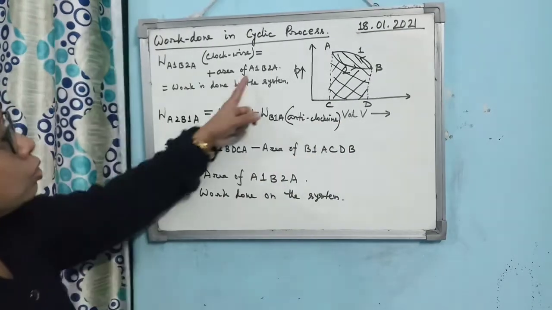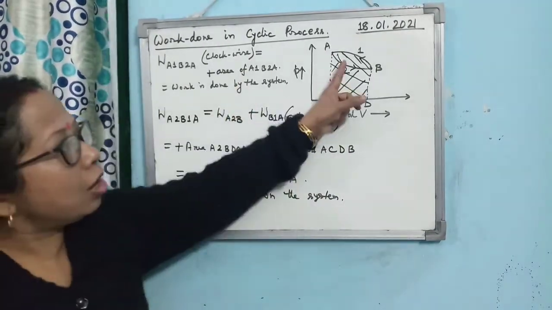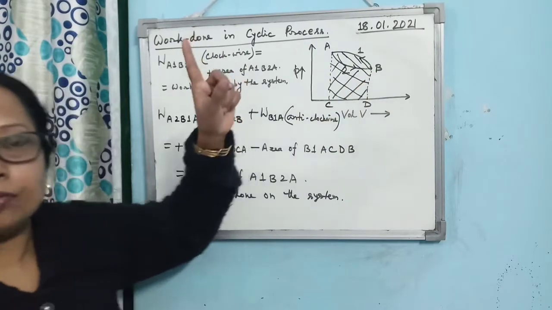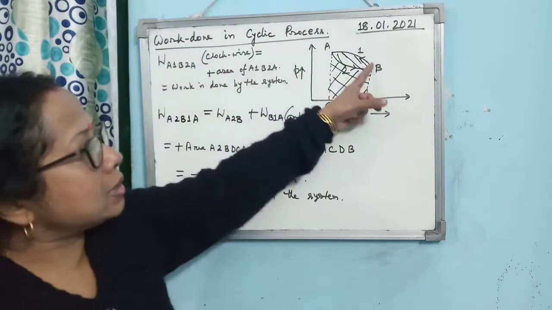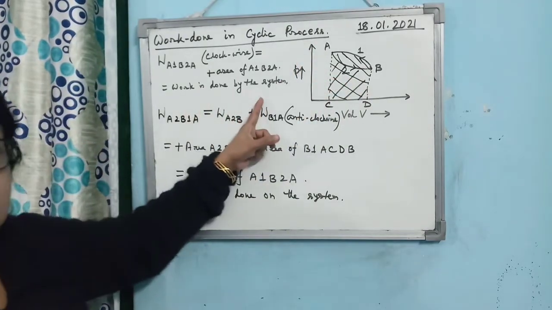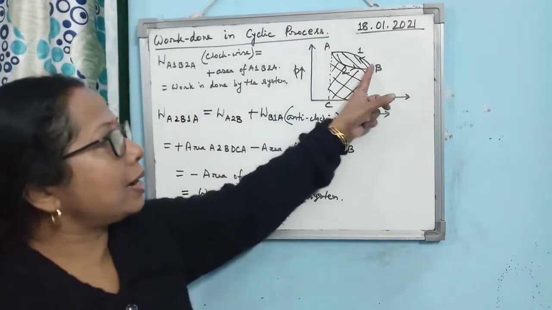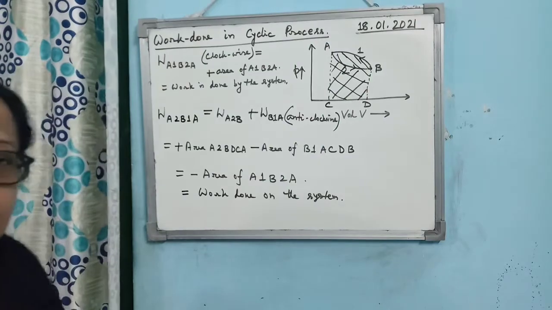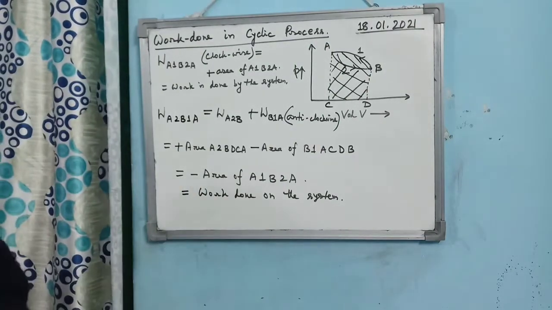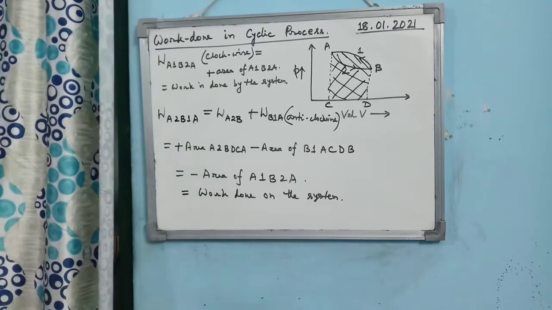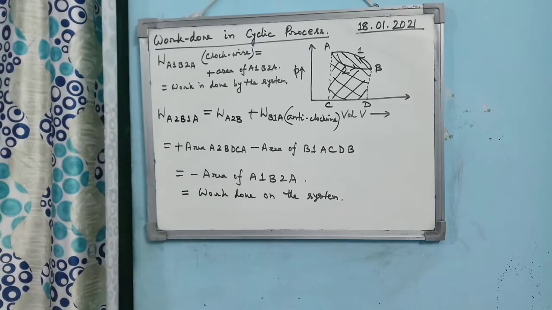Although the amount of work done is the same, the area within the enclosed graph, when it is in the clockwise direction, work done is positive, and when the system is taken in the anti-clockwise direction, work done will be negative. So these are the main important points of difference between work done in cyclic process.